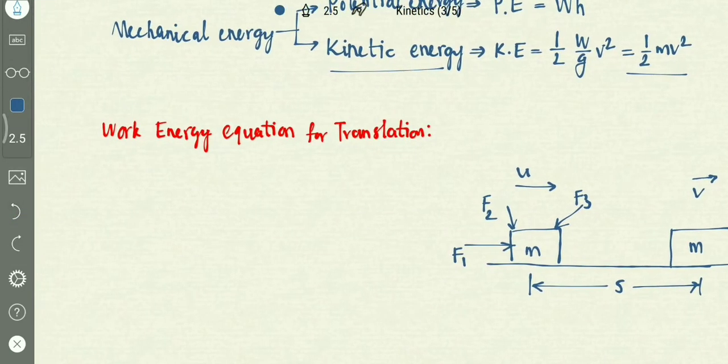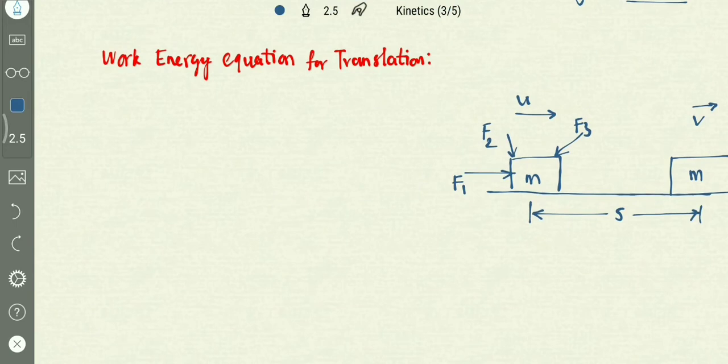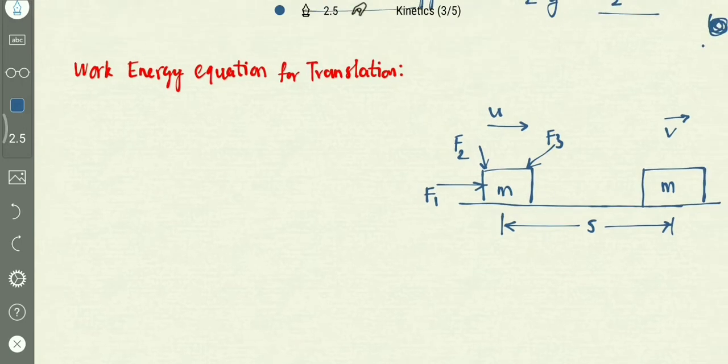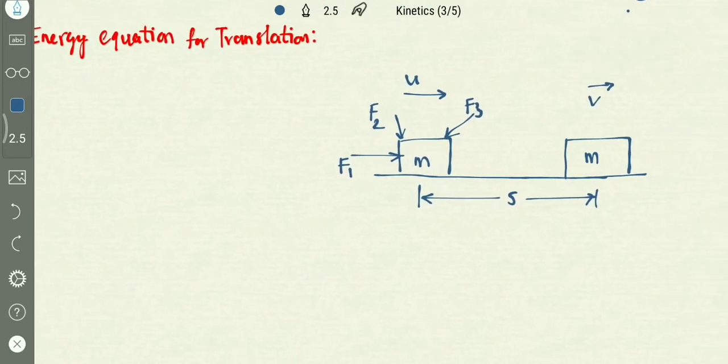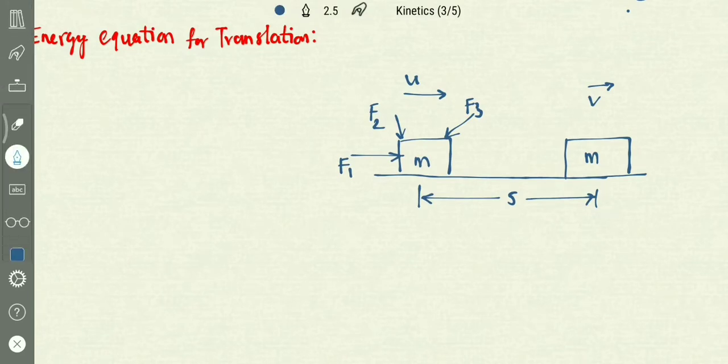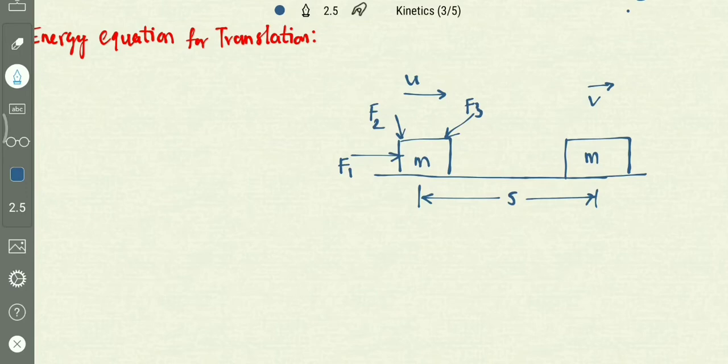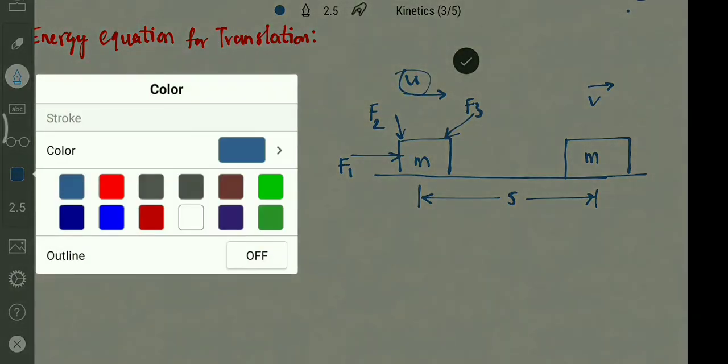So, the work energy equation for translation. Let us see what the work energy equation is, which we are going to use to solve the problems. See here, a number of forces are acting on this body. F1, F2, F3 are acting on this body, and initially it is traveling with a velocity u.